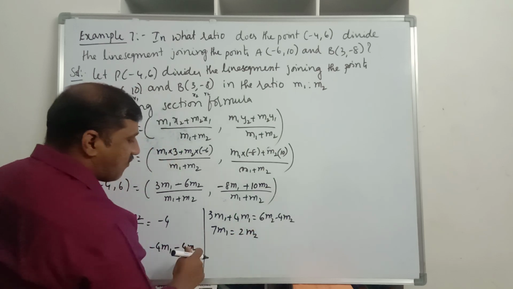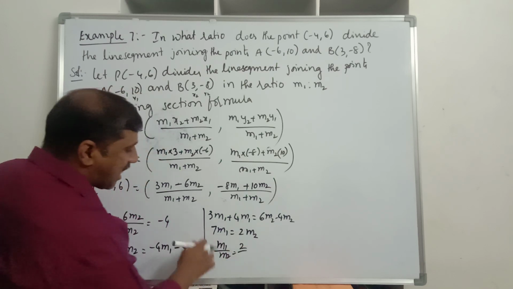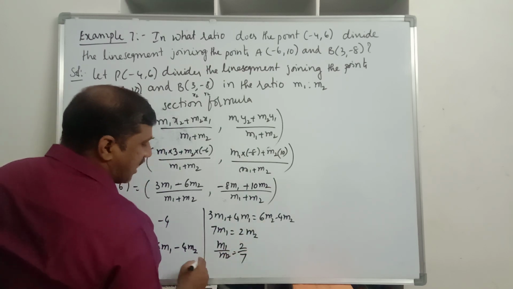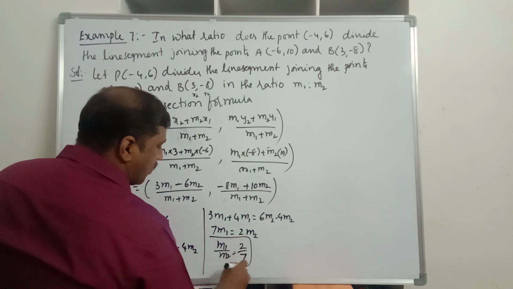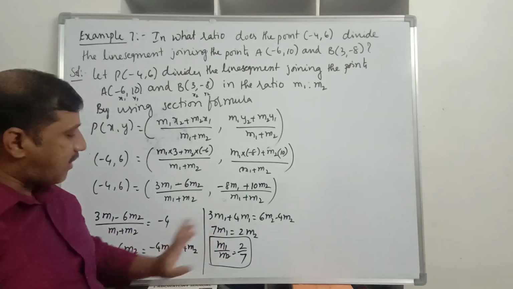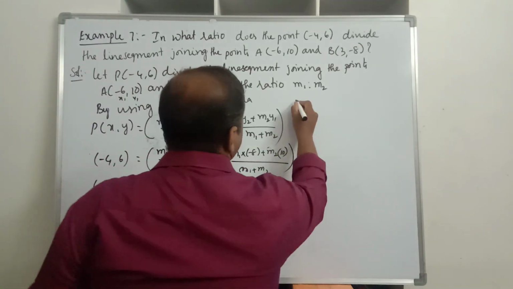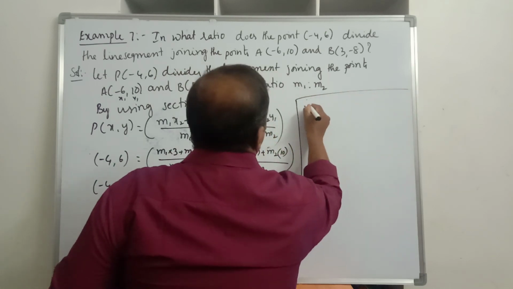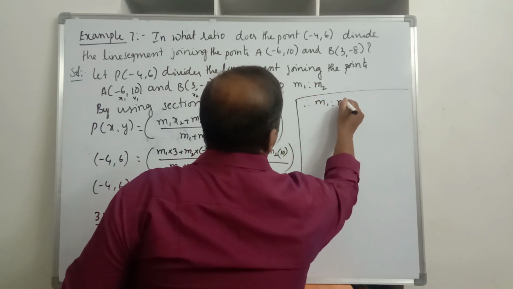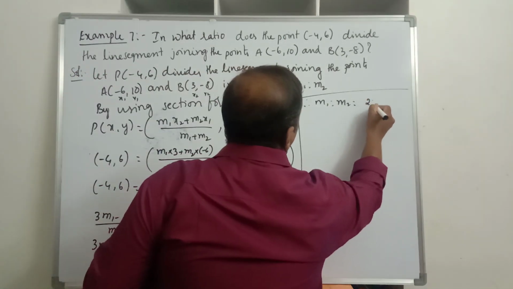Now bring m2 to this side. m1 divided by m2 is equal to 2 divided by 7, transposing 7 to the RHS. We get m1 divided by m2 is equal to 2 by 7, that is 2 is to 7. Therefore m1 is to m2, written in ratio, is 2 is to 7.